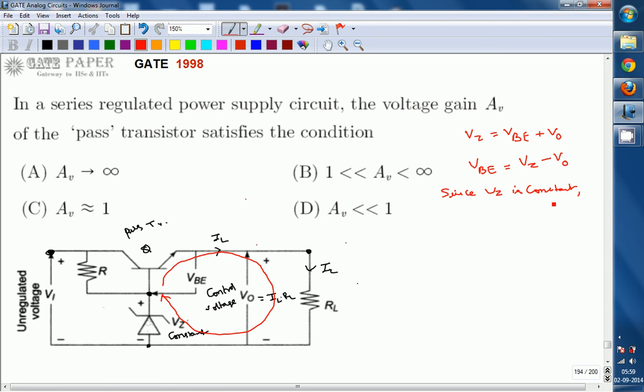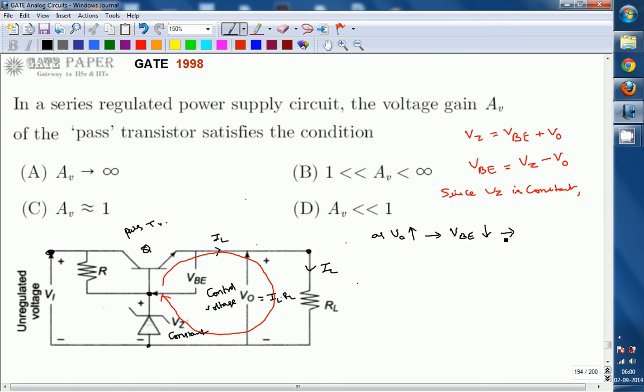If the output voltage tries to decrease, that also has to be compensated, and it should be maintained constant. Let us assume V0 increases. Because VZ is constant, as V0 increases, VBE reduces from this equation.